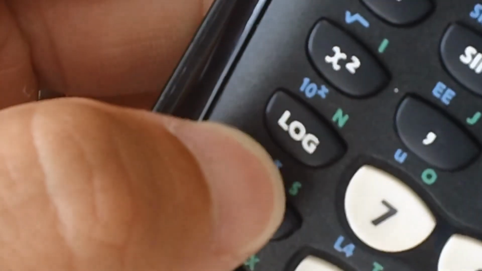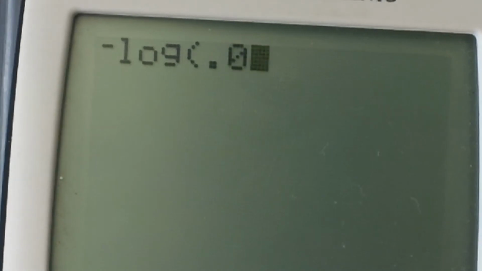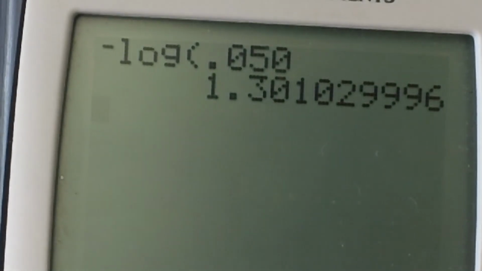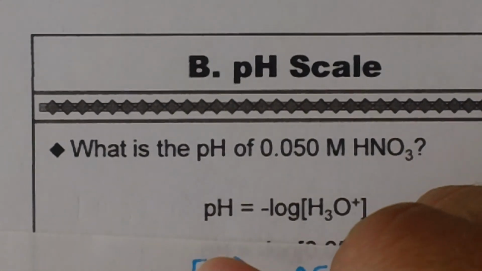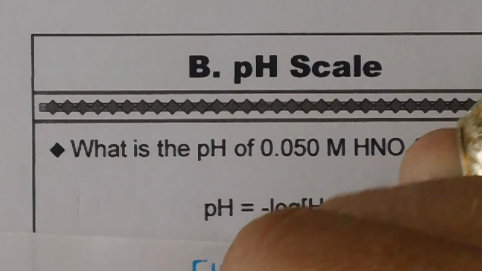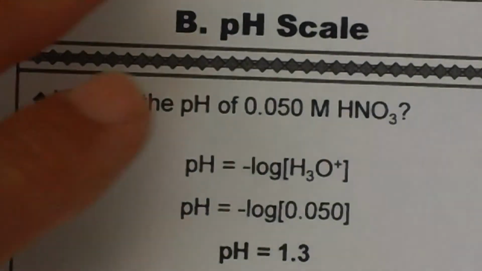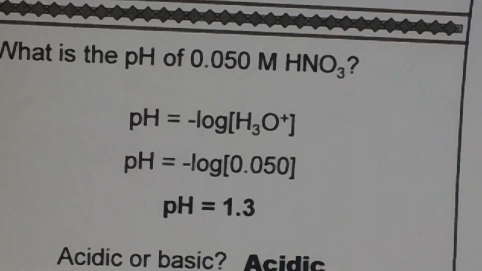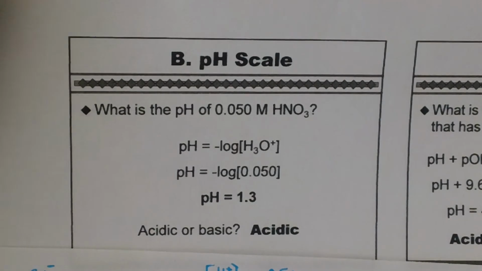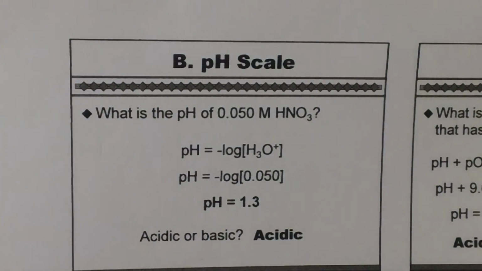Don't forget your negative. Your log button over here is sitting there. Negative log. And then you can plug in your 0.050 and it spits out what our pH is for us, of 1.30. And that's it on that one. Because the pH is less than 7, we know that this thing is acidic.